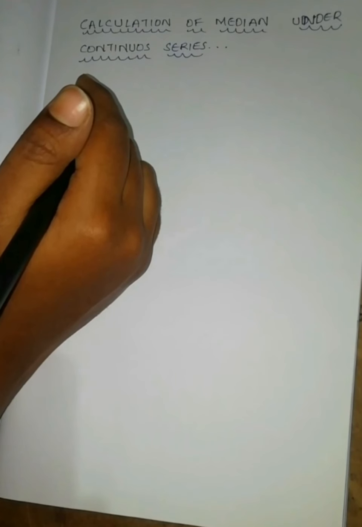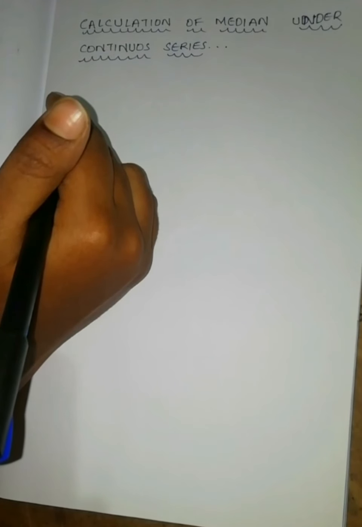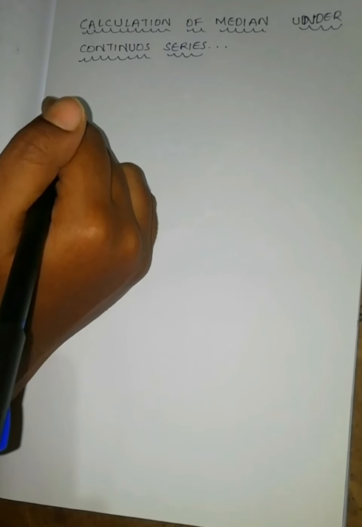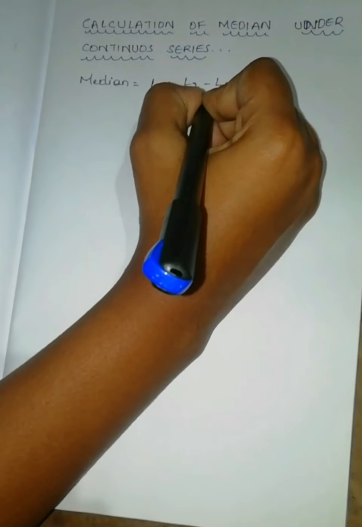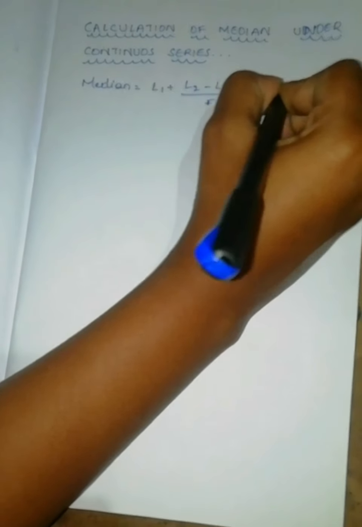Now it's time to learn how to calculate median under continuous series. The formula to calculate median under continuous series is median is equal to L1 plus L2 minus L1 by F1 into M minus C. Here L1 is the lower limit of the median class.